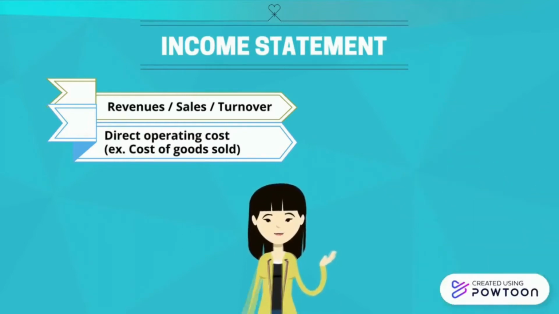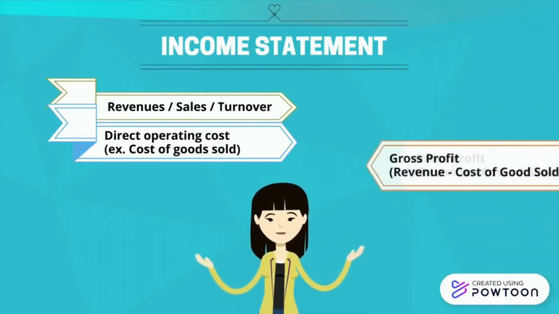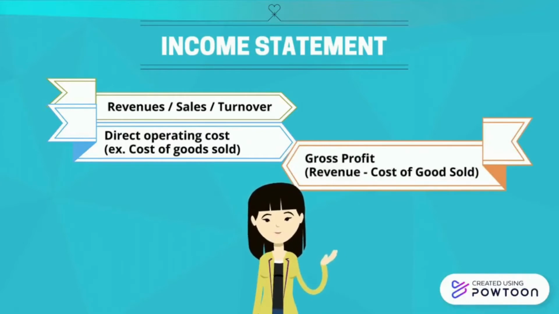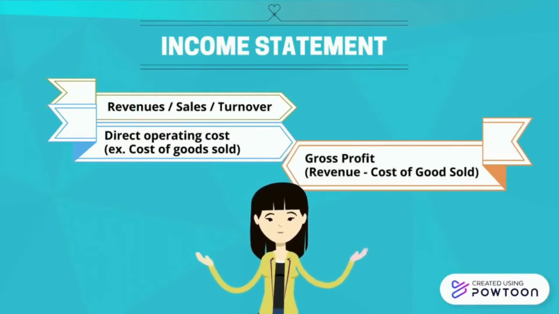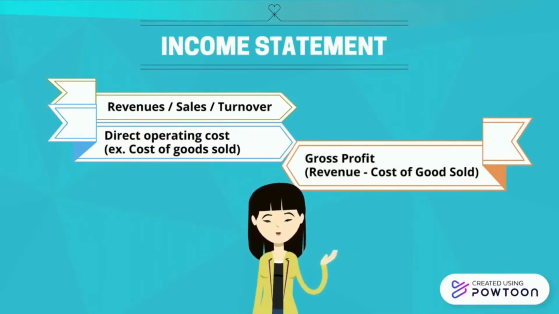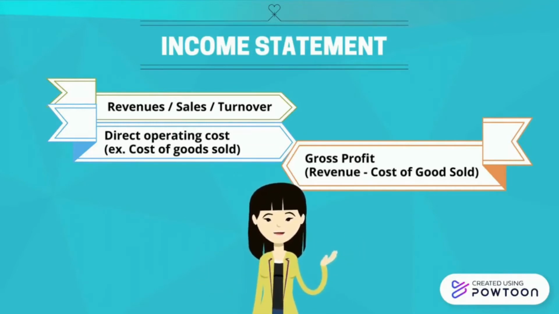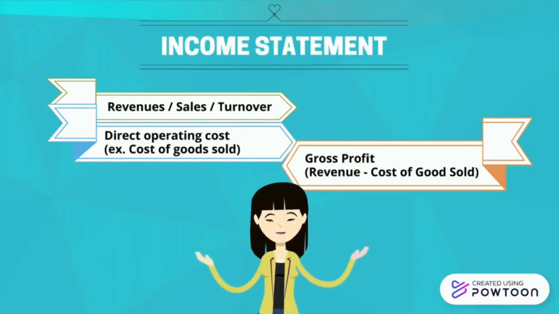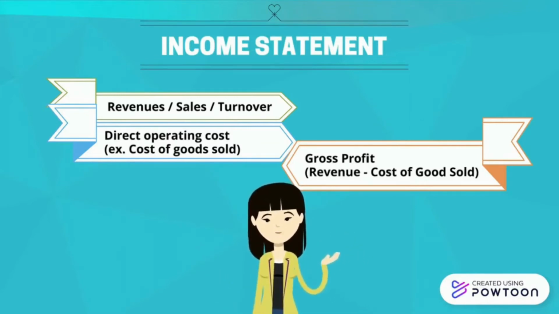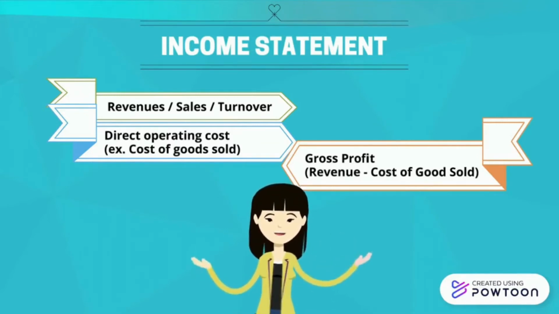After deducting cost of goods sold from revenue, we arrive at our first subtotal on the income statement, referred to as gross profit. Gross profit is equal to revenue minus cost of goods sold. If we take the gross profit and divide it by the revenue, we calculate the gross profit margin.